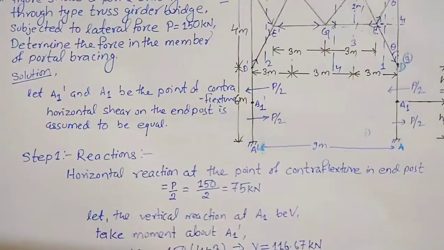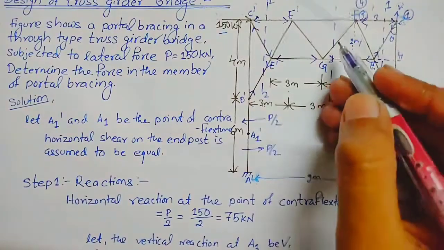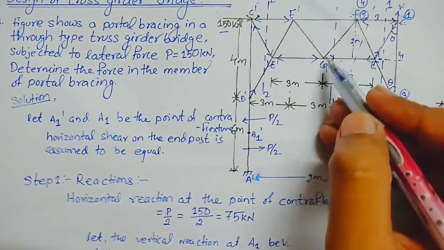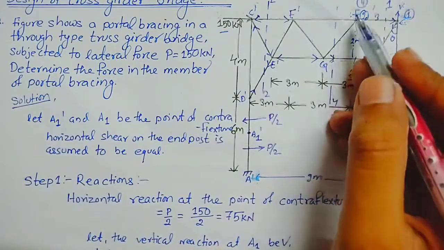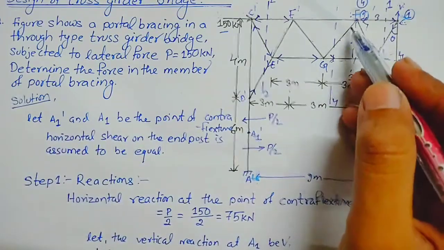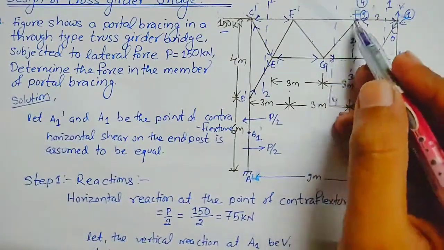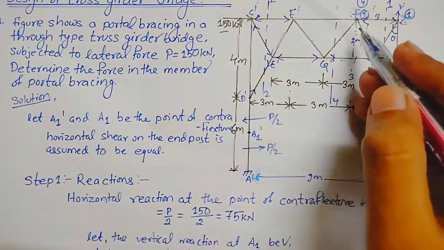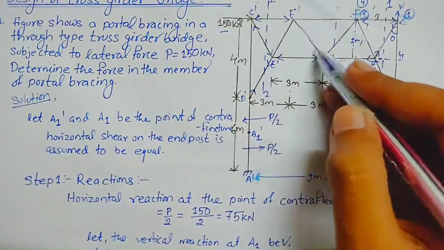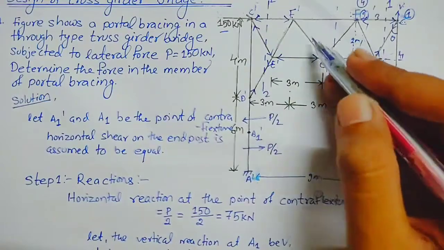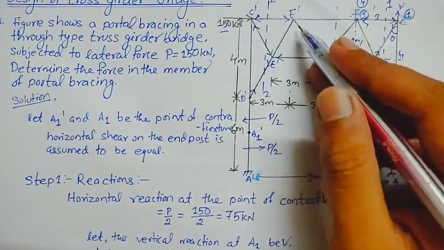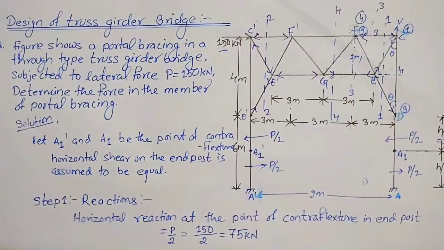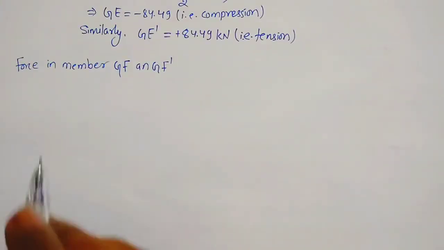So guys, here the criterion is different for finding the force in the member GF. What we need to do is resolve this GF into the vertical direction, and then the force in this member will be equal to our vertical reaction. Let me repeat, if we resolve the components of the forces of GF and GF dash in the vertical direction, then that is equal to our vertical reaction.